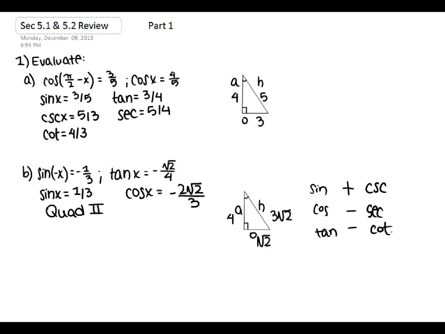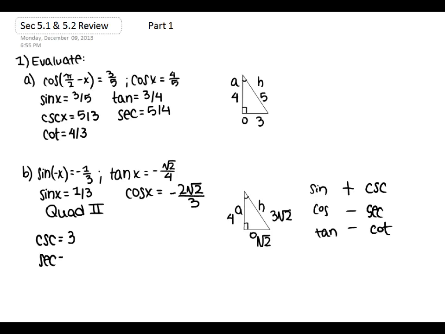So the signs, okay, that's important. Let's do cosecant first. Cosecant is positive. It would be 3 over 1, but we don't need the 1, so it'll just be 3. Then we're going to have secant.